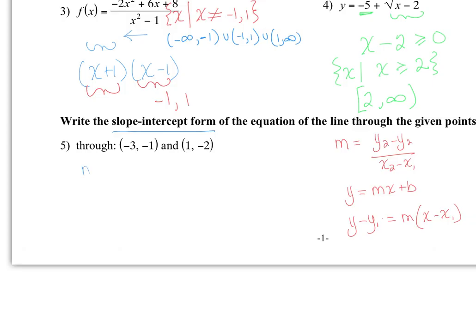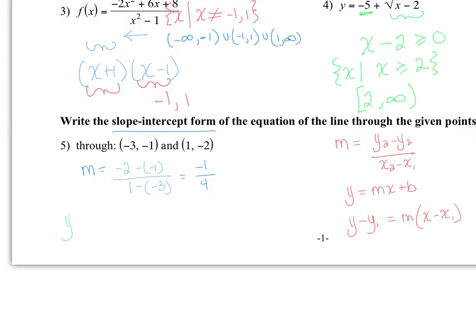So the first thing we have to do is calculate our slope. As we calculate the slope here, we're just going to subtract our y's, subtract our x's. So -1/4 is going to be our slope here. And then we're just going to use either of those points with my point slope equation.